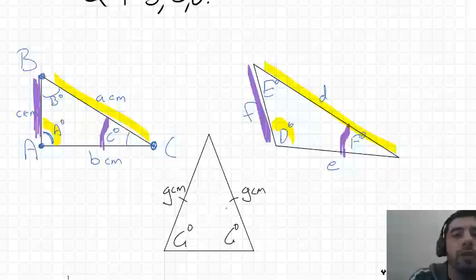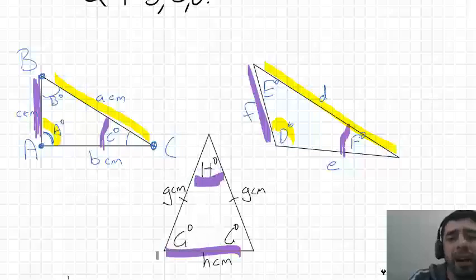So those equal sides happen to be opposite the equal angles. And then H degrees with a lowercase h centimeters. Again, the smallest side, I'll go purple for smallest again, is opposite the smallest angle. And the biggest sides, in this case, are opposite the equally biggest angles. There's a tie for the biggest angles.